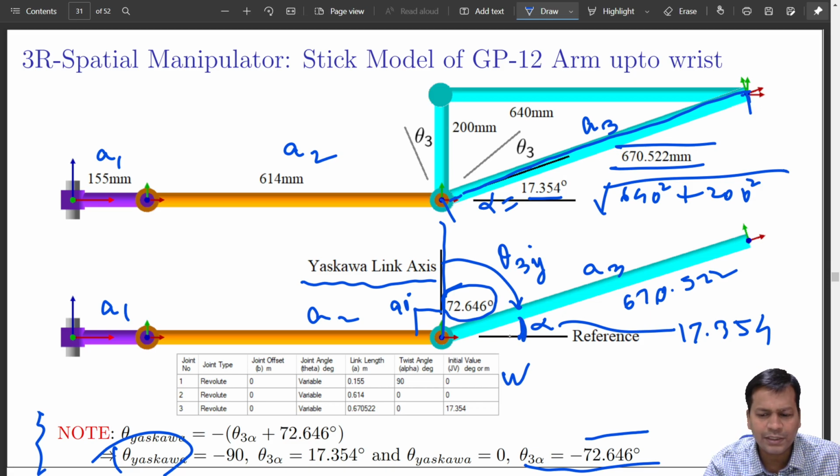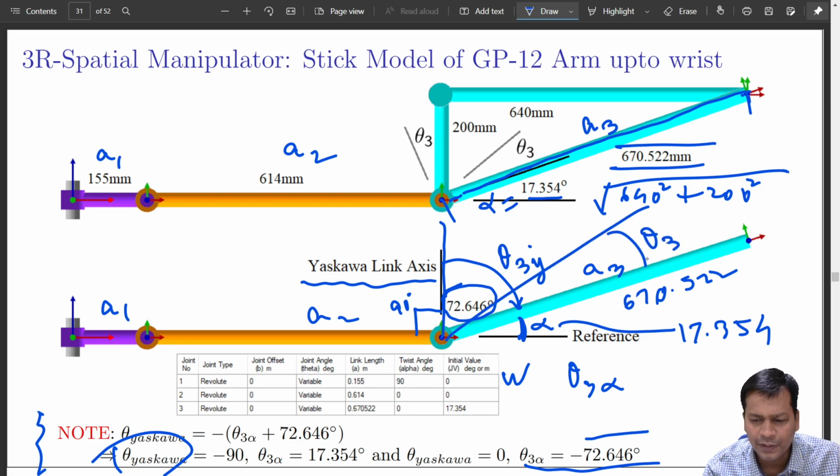We take this as an angle alpha, we'll call it theta 3 alpha, that means theta 3 plus alpha. Whatever is my movement, if I am moving by theta 3 angle for this link A3, then my angle theta 3 alpha will be theta 3 plus alpha.